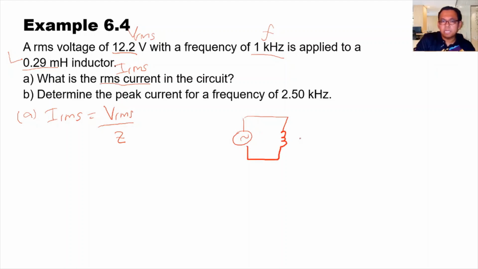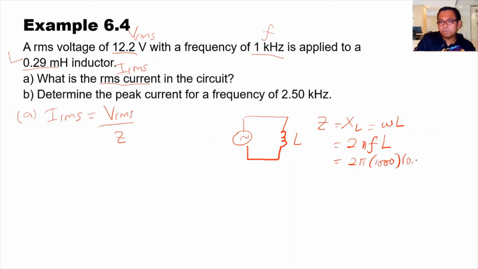We have only inductance here, so that means Z is equal to inductive reactance, and is given by angular velocity times inductance, and is equal to 2 pi frequency times inductance. And we substitute all the values given in the equation.